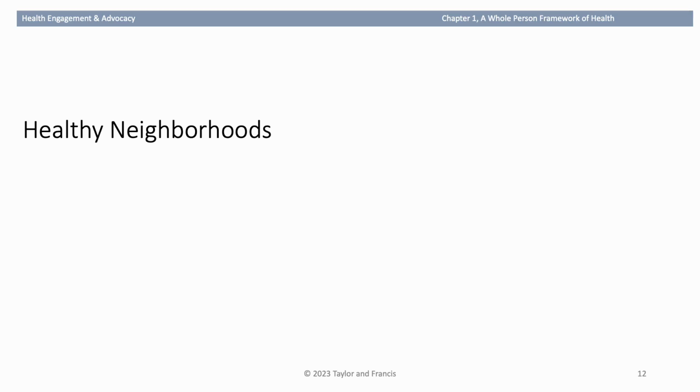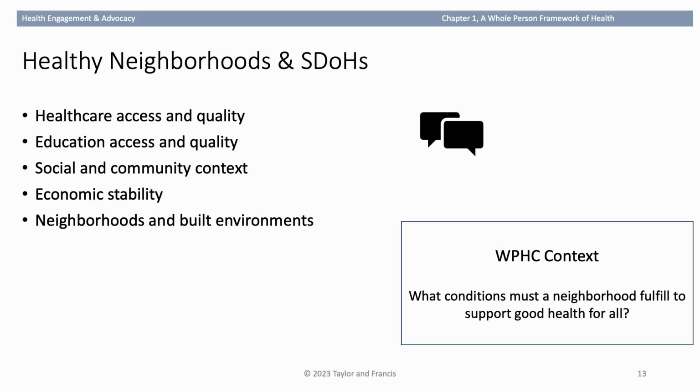The next prompt focuses on healthy neighborhoods. There is some background information that healthy neighborhoods are also characterized by their SDOH dimensions through healthcare access and quality, education access and quality, social and community context, economic stability, and their neighborhoods and built environment.